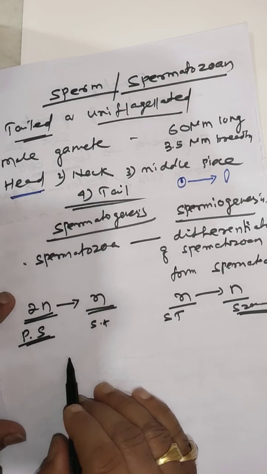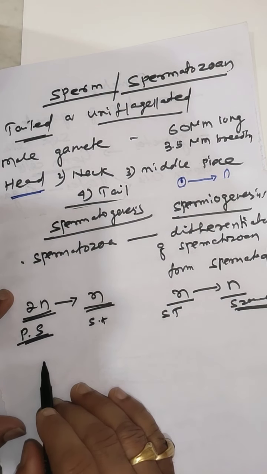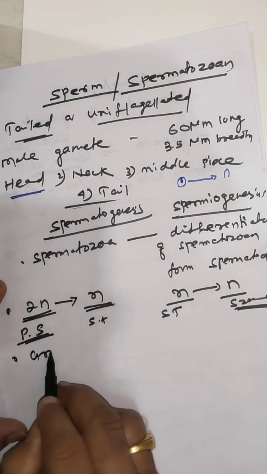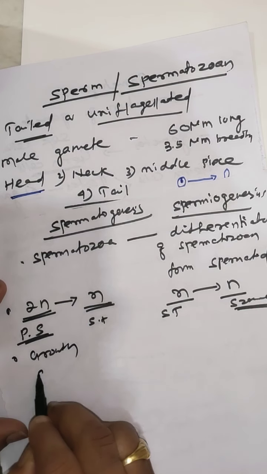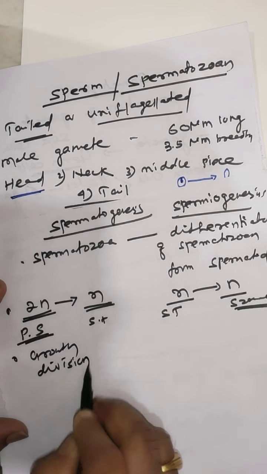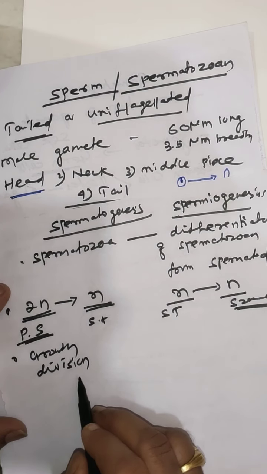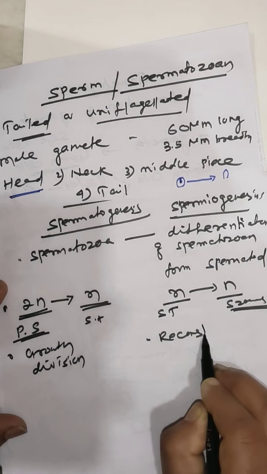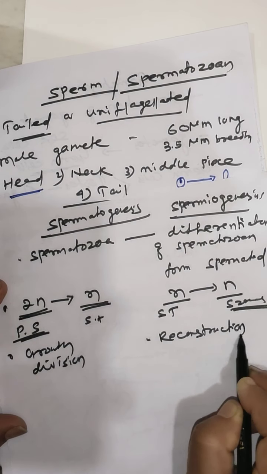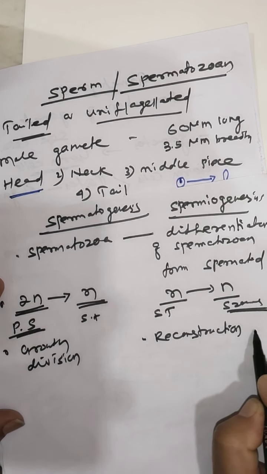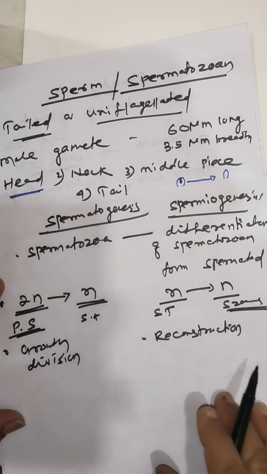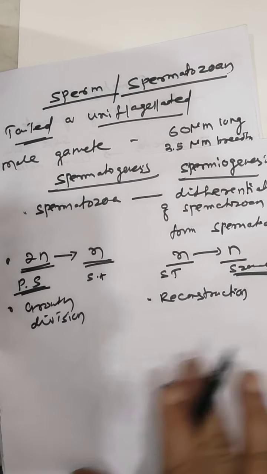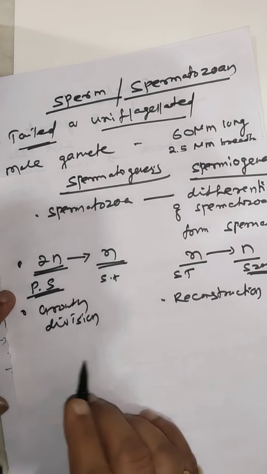There is growth and division during spermatogenesis. The third point is that the growth phase and division occur in that process, but reconstruction occurs during the spermiogenesis process.